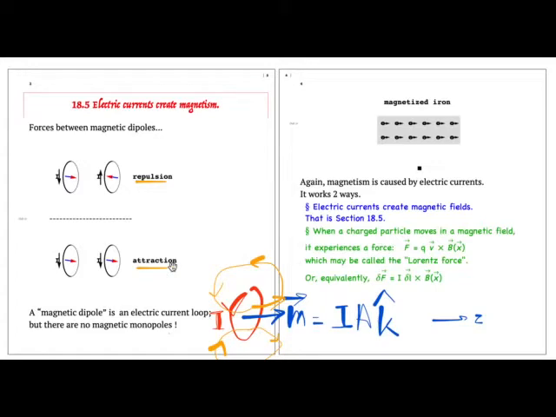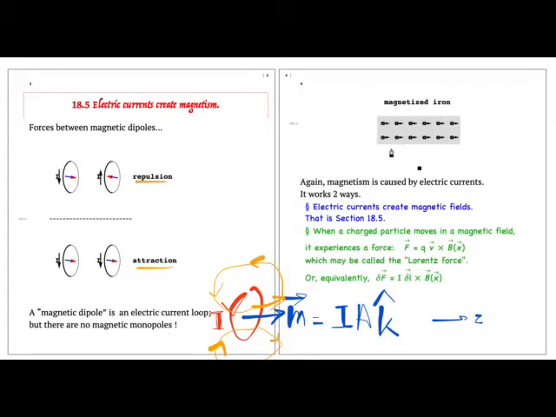So there are forces between magnetic dipoles, and magnetic dipoles are not combinations of monopoles. There are no isolated monopoles. Magnetic dipoles are created by current. So, for example, we could draw this picture for magnetized iron.